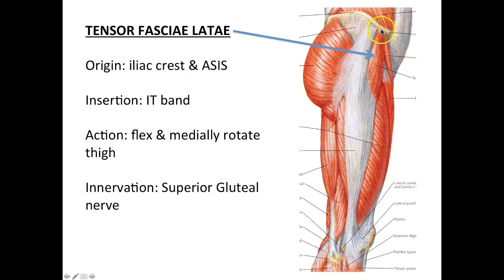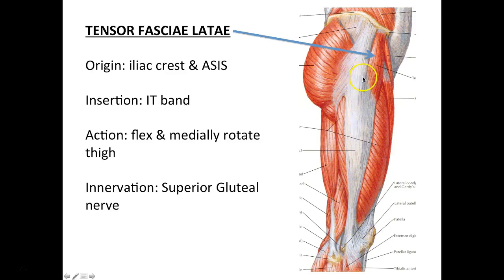So here we have the tensor fasciae latae. It's actually a very small muscle belly here, and it originates from the iliac crest and the anterior superior iliac spine. And then it goes down and inserts into what's known as the IT band. And all of this in here is the IT band. And it's really just a thickening of fascia on the lateral aspect of the thigh.